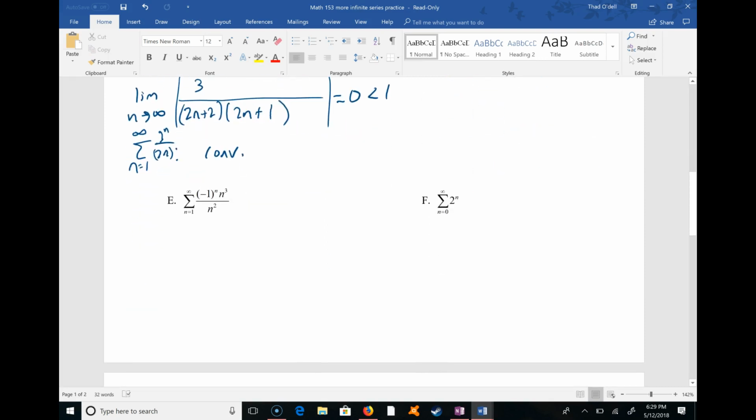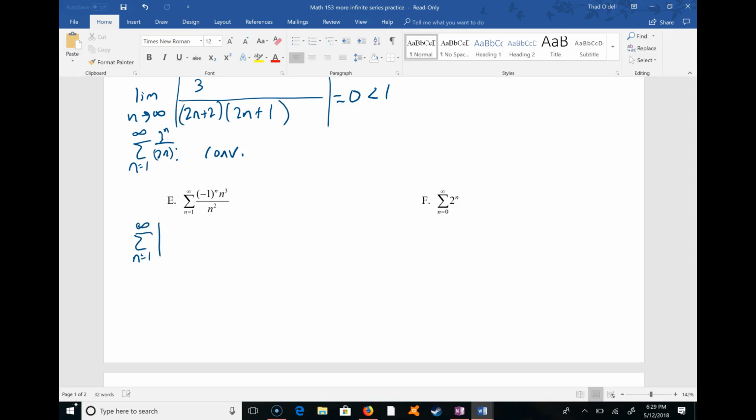Okay, this looks like another, well, this one I think you could compare it, there's a couple different ways, but to me, I think it might be a good idea to talk about the absolute convergence of it.